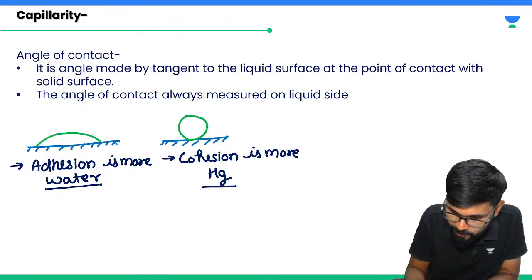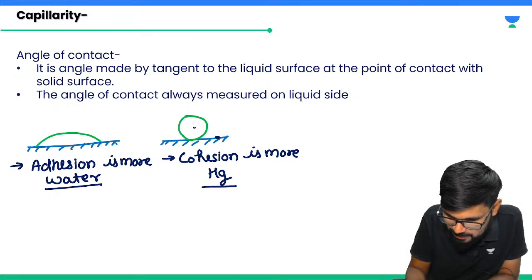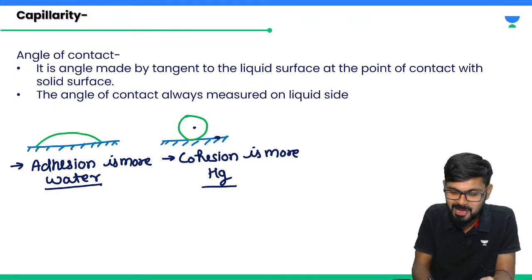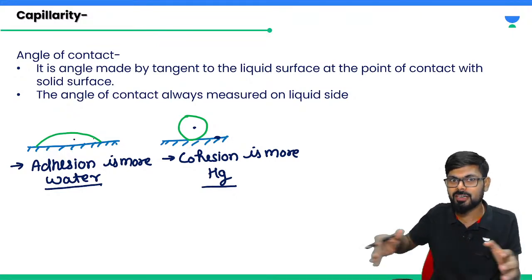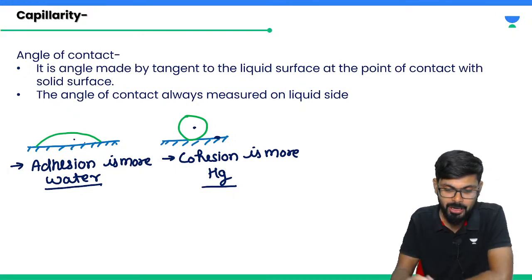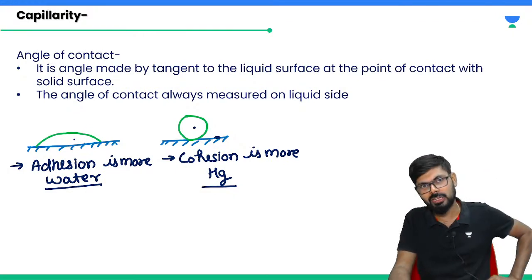See here, this is mercury and this is the surface. Here the attraction is less, wife and attraction is less, but here attraction is more. That's why it tries to cover more and more area. Correct? Because adhesion is more here.